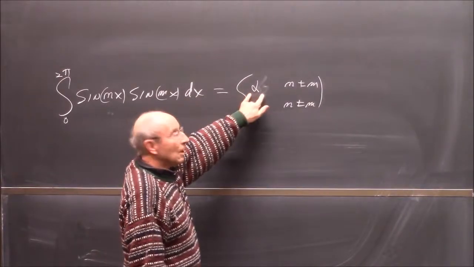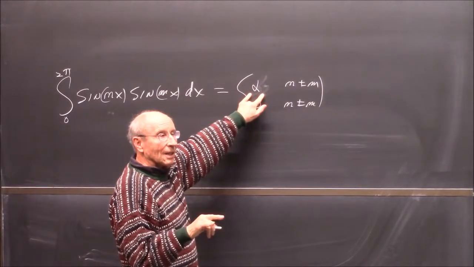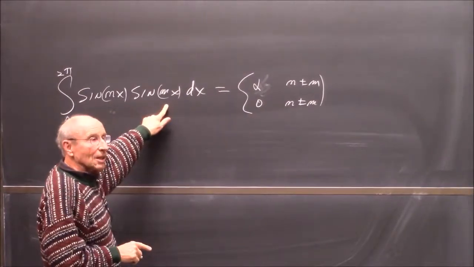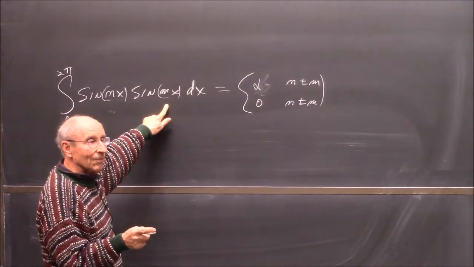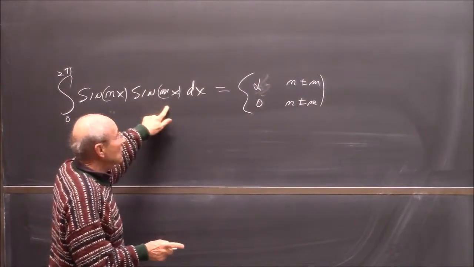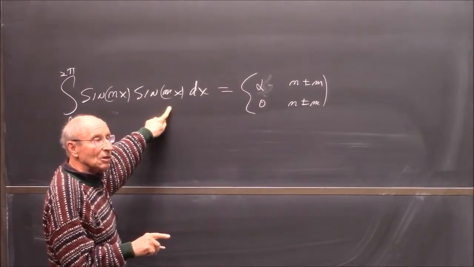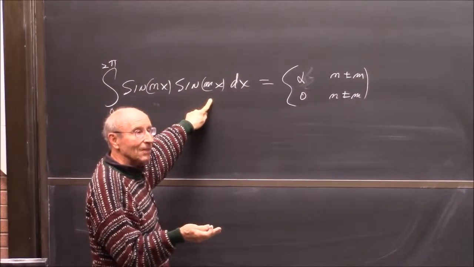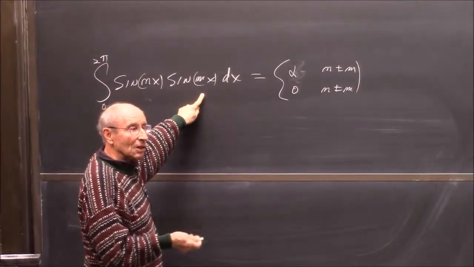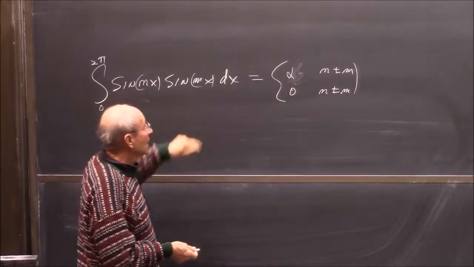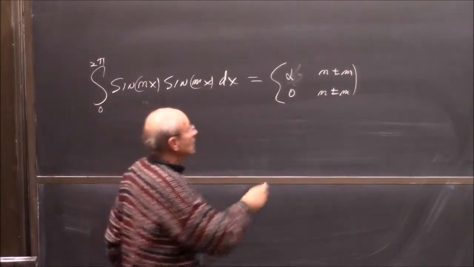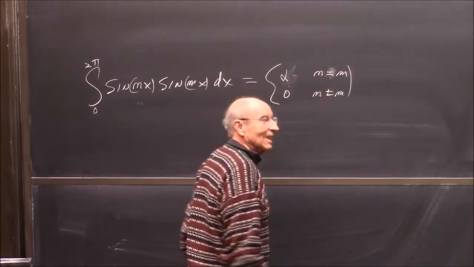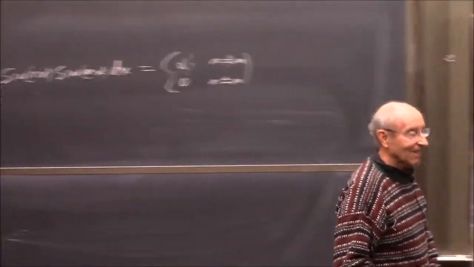This is some number we're going to find. And what it says, if n and m are not the same, you're going to get 0. If n and m are the same, you obviously won't get 0 because you'll be integrating sine squared, which is always positive. Oh, I see what you're saying. Yeah, sorry.